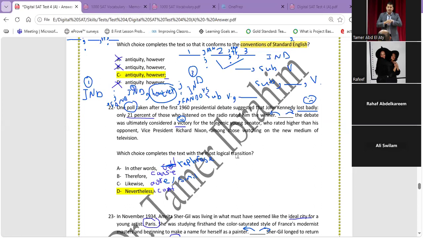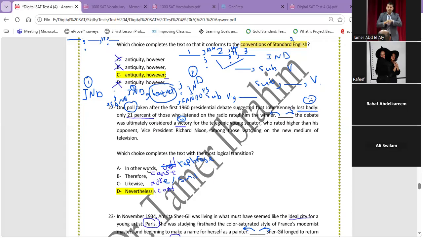Okay. Now the question of transition, he said the logical transition. So this is domain 3. In transition, you have to find at first the function of each word.